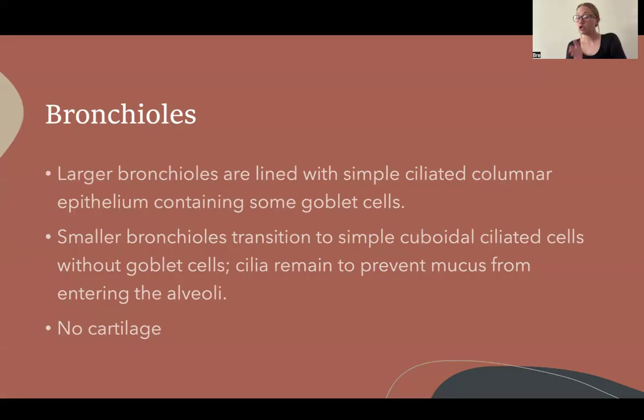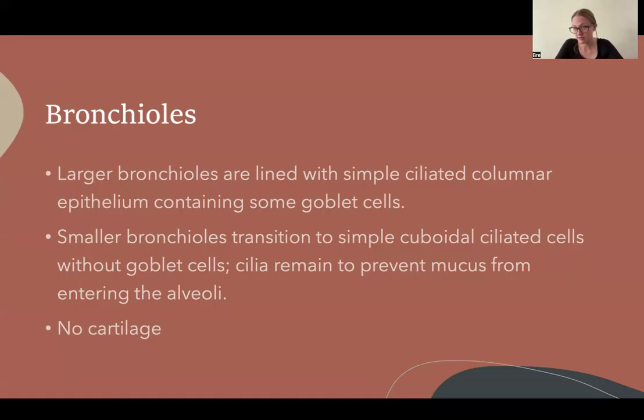When you get to the smaller bronchioles, it transitions to simple cuboidal ciliated cells without goblet cells. So that just means it gets more square shaped, and it doesn't have any goblet cells, but it still has those little finger-like projections. Why is it needed if it doesn't have any mucus? Well, it's just as a backup. In case mucus happens to slide down to these smaller bronchioles, there's still cilia to push it back up.